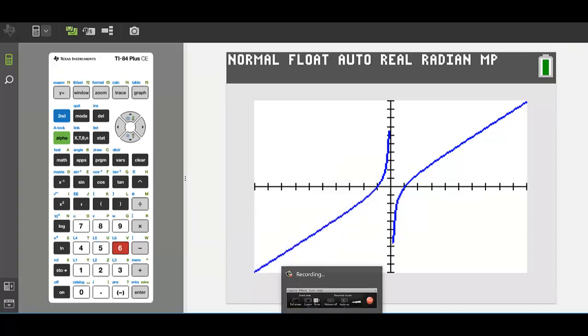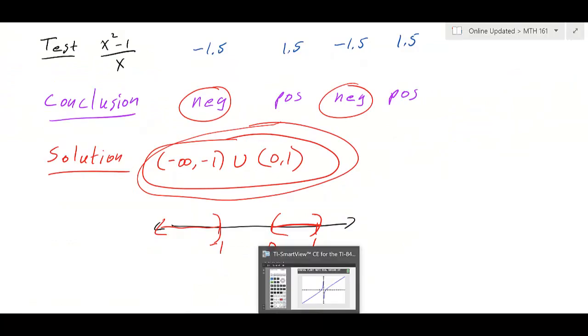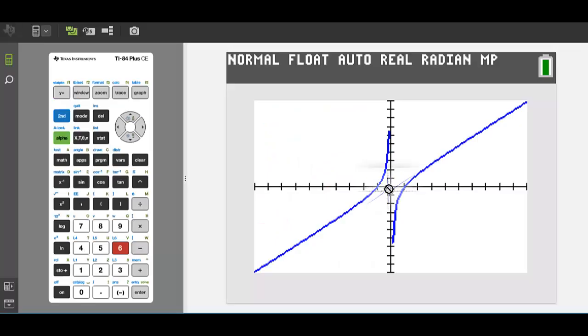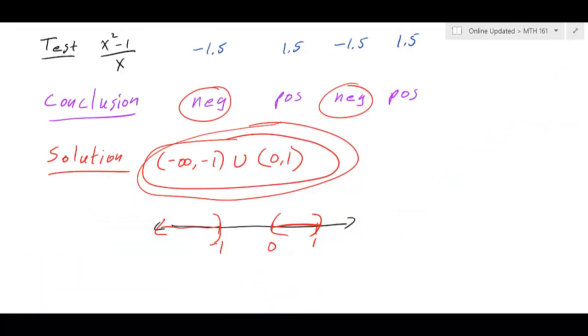And then it looks like we have 0 to 1. Well, from 0, the graph all the way to 1 is below the x-axis. So all of these values of x would be solutions to this inequality because we're looking at all of the values that are below, I'm sorry, below the x-axis. So from looking at this, we know then that our answer is correct.